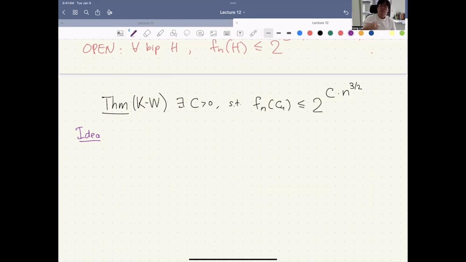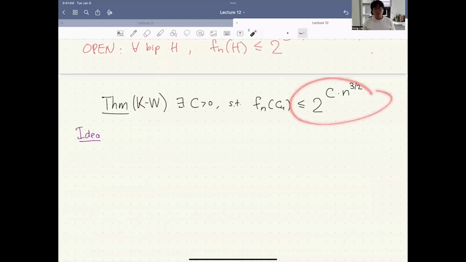we will think of how to bound C4-free graphs. We're going to bound it by thinking how many different ways we can build a C4-free graph from scratch, adding vertices one by one. Now, if we can bound at every stage the number of choices to add one more vertex, then we multiply all these choices together. We would like to obtain this bound.